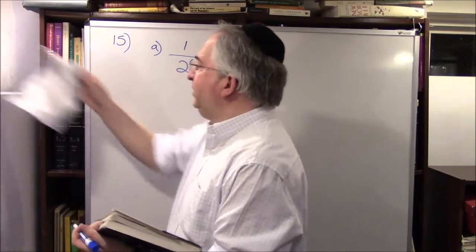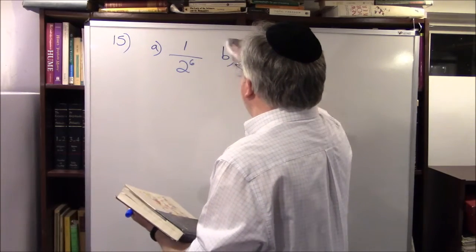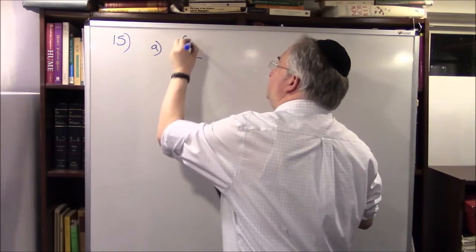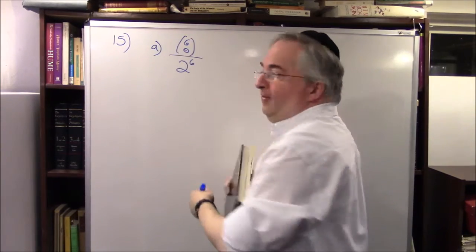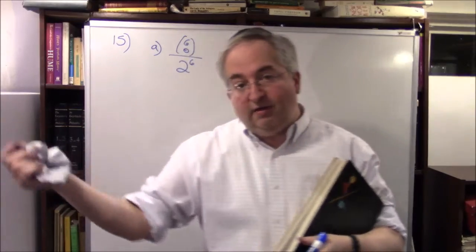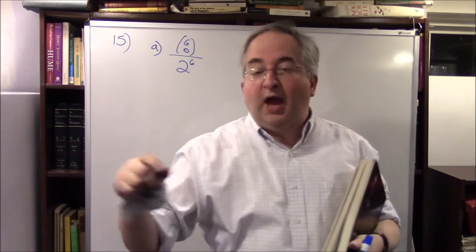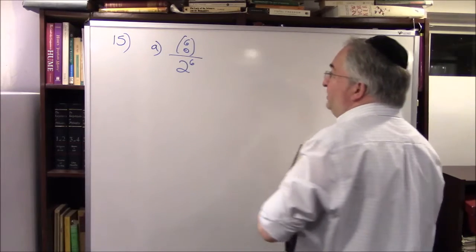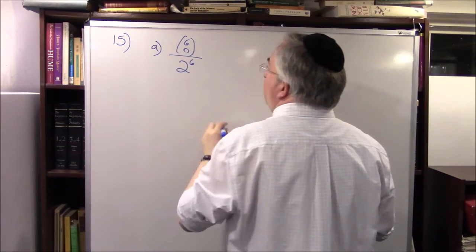I want to write it as 6 choose 0. I have 6 of the possible flips, and I want to know how many of them can be heads: 0 of them should be heads. That's 1. There's only 1 possibility.